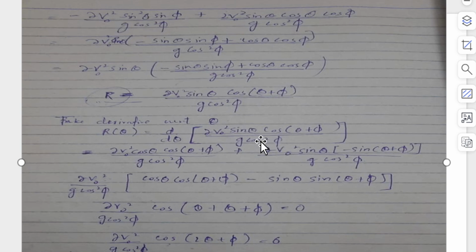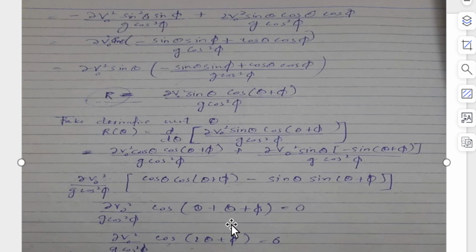You can use the product rule or quotient rule, whichever you are comfortable with. Take common and you will get this term. Now close it with the formula for cos theta plus theta plus phi. This is the formula you very well know.